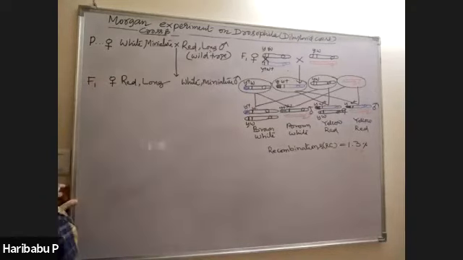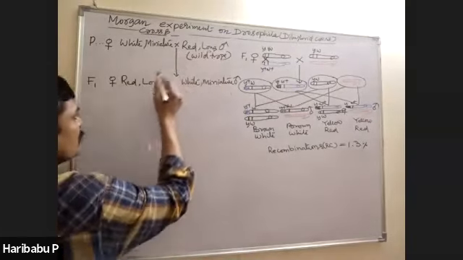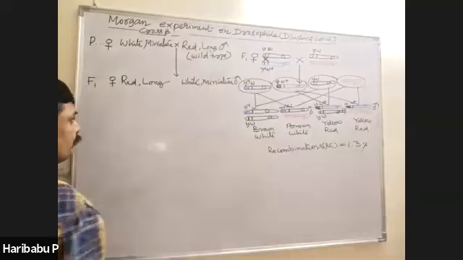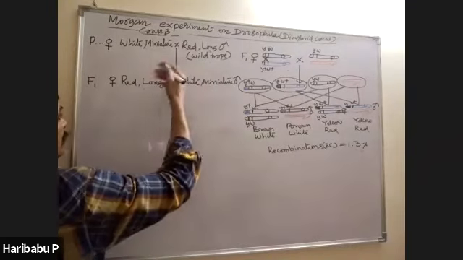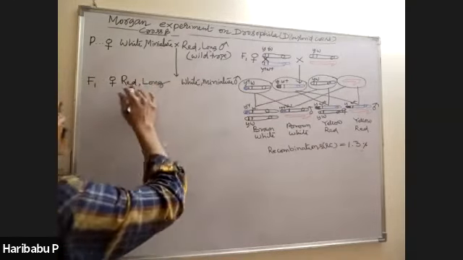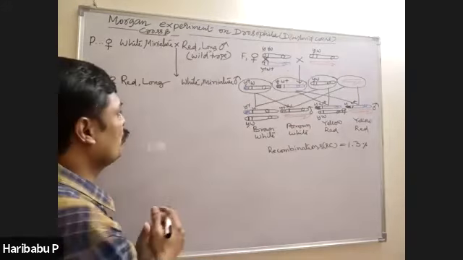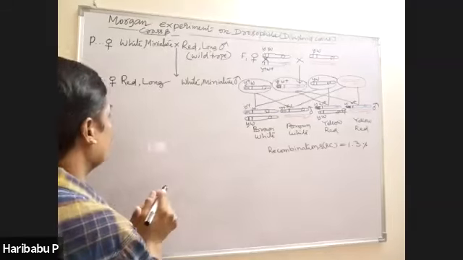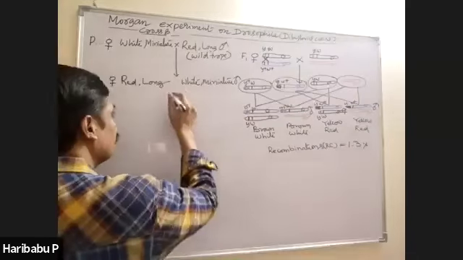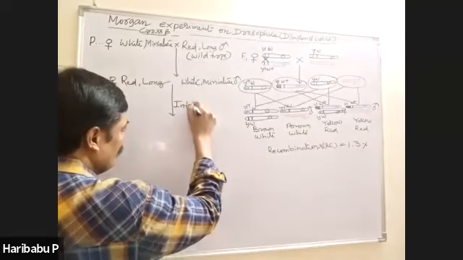Similarly, as in the first cross, criss-cross inheritance is shown. That means male characters are passed into the female, and female characters are passed into the male. As a result, they thought that the genes which control these characters are present on the X chromosome. Therefore, these are sex-linked characters, and this is called sex-linked inheritance.